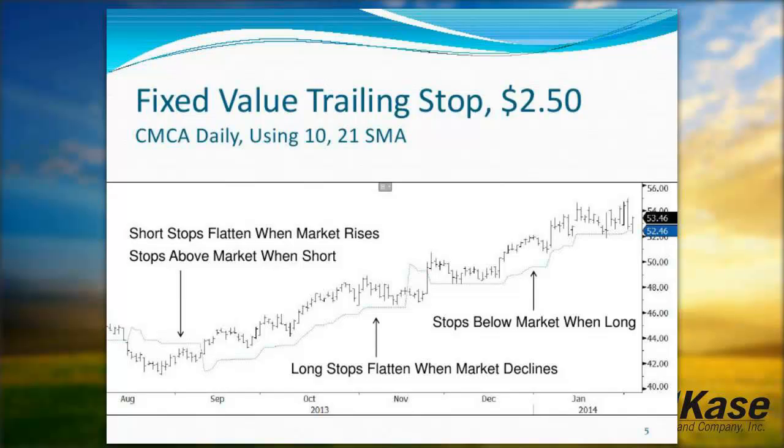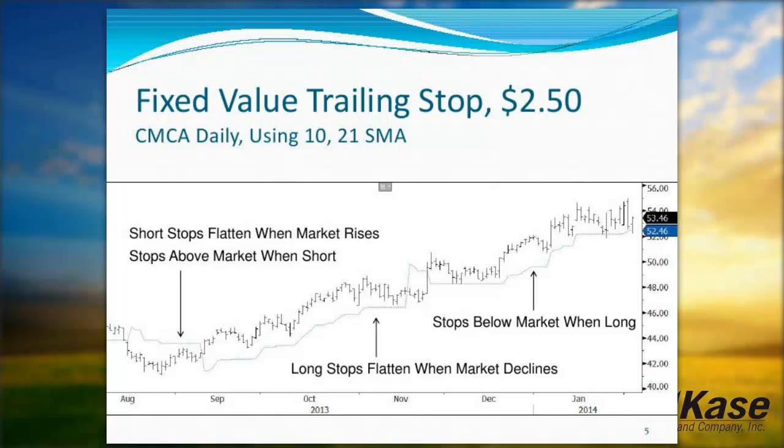All right, so here's an example of a fixed value trailing stop. This isn't necessarily the method that Kase uses; we're building into the method that Kase uses. This is a fixed value of 250. As the market is rising, we are taking $2.50 away from the highest swing high. As the market's moving up, you can see that the stop trails the move up.